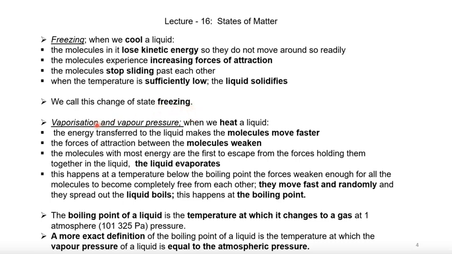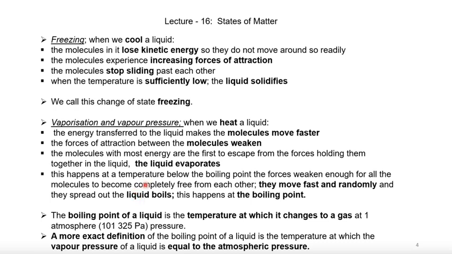Now we want to talk about two terms, vaporization and vapor pressure. When we heat a liquid, what happens? Molecules start moving faster in the liquid, the force of attraction between molecules becomes weakened, and then the liquid starts evaporating.